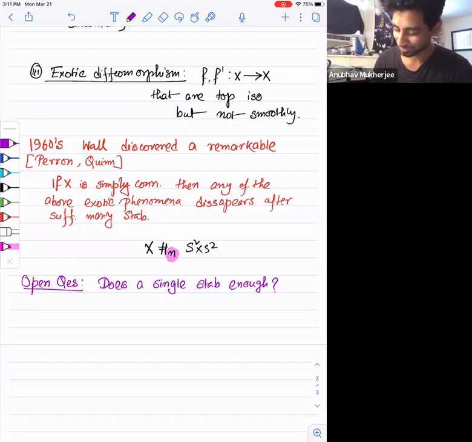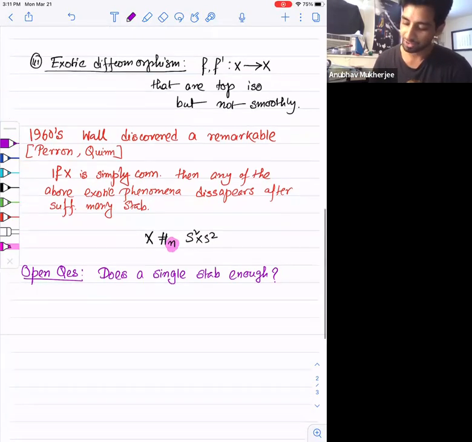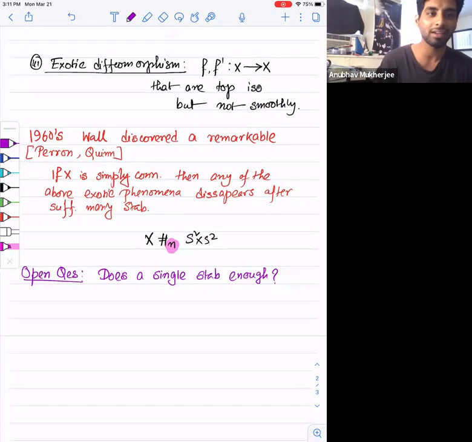Anyway, almost all the nice examples that we know so far of this exotic phenomena satisfy this favorable conjecture, or open problem, that a single stabilization makes them vanish.